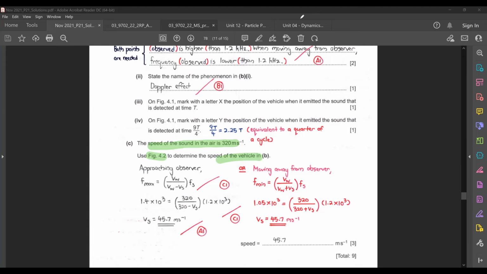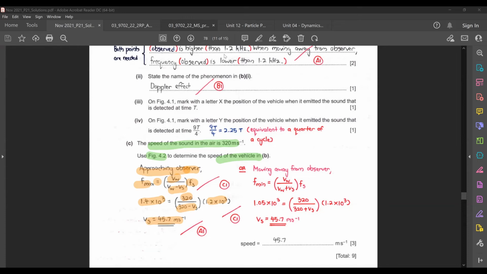I think you want to use the equation for moving towards observer or moving away from the observer. Or in my case, I wrote it as approaching observer. So if you are approaching observer, you can just say that Fmax is equal to VW over VW minus Vs times Fs. So sub in the values, you will get Vs as 45.7 meters per second.